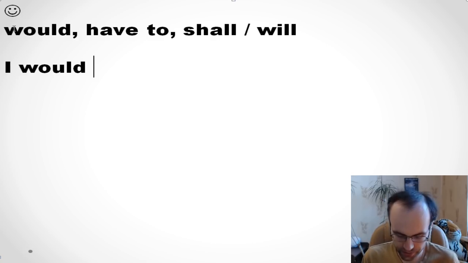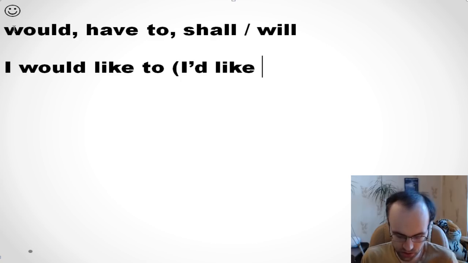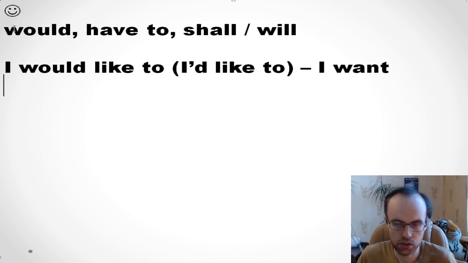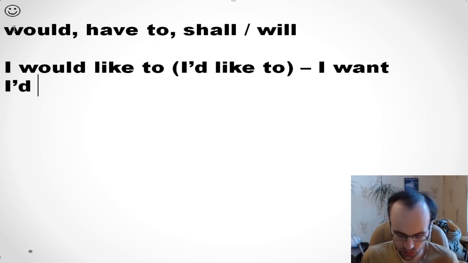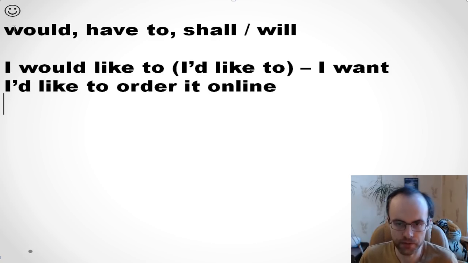I would like to. Or shortly, I'd like to. It's like I want. So I'd like to order it online. I'd like to order it online. She'd like to join us.